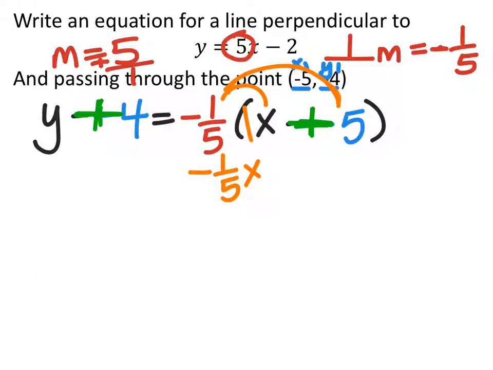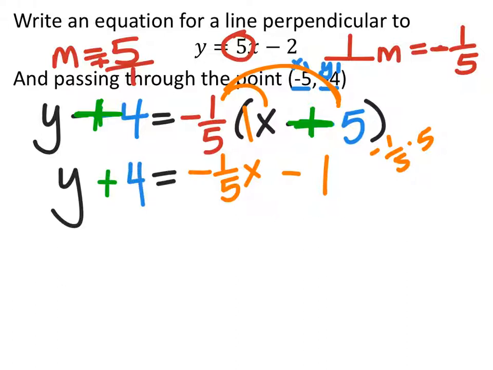And then -1/5 times 5 would be -1. You could type that into your calculator, -1/5 times 5, and it will give you this -1. So as of right now, my equation is y plus 4 equals -1/5 x minus 1.